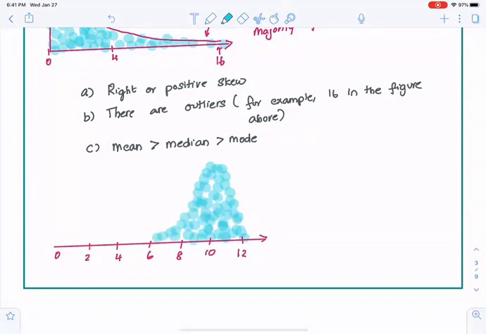And as I go far away from 8 and 12, things start to thin out, and I simply have fewer and fewer observations as I get closer to 0. So if I drew a curve, that's the curve that I would have. So the majority of the observations are right over here.